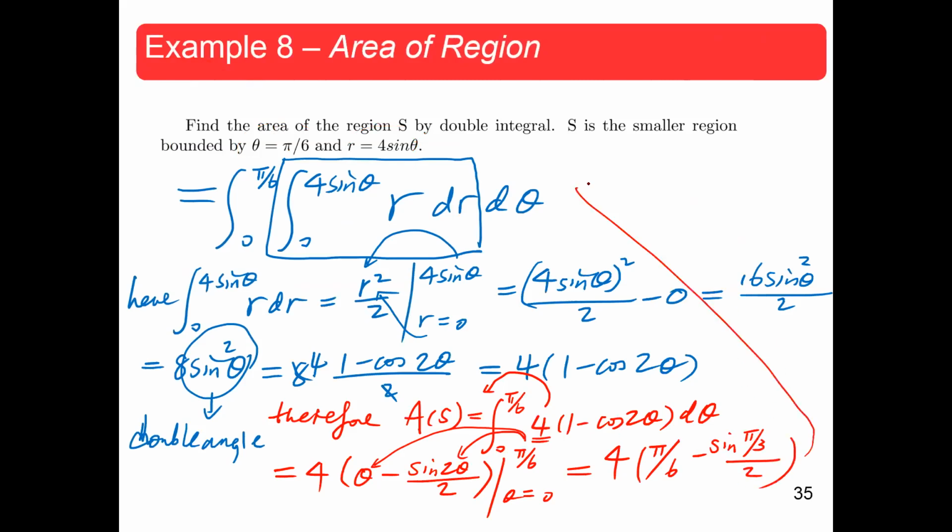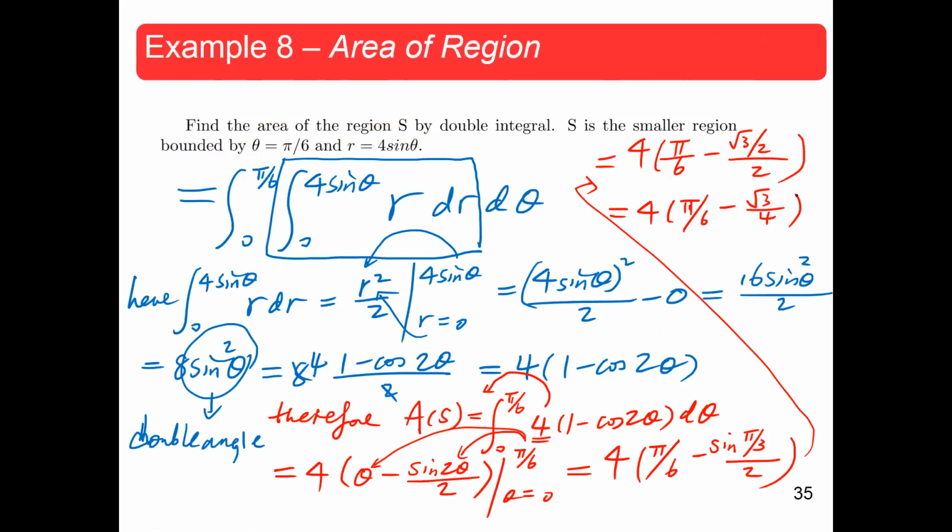So that is 4 times pi over 6 minus sine pi over 3, which is sine 60 degrees, which is root of 3 over 2. And further divide by 2, right? So that's 4 times pi over 6 minus root of 3 over 4. Next you can either distribute the 4 or just leave it like this, that's fine.